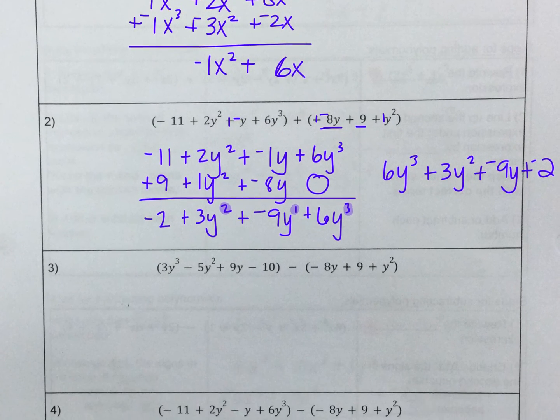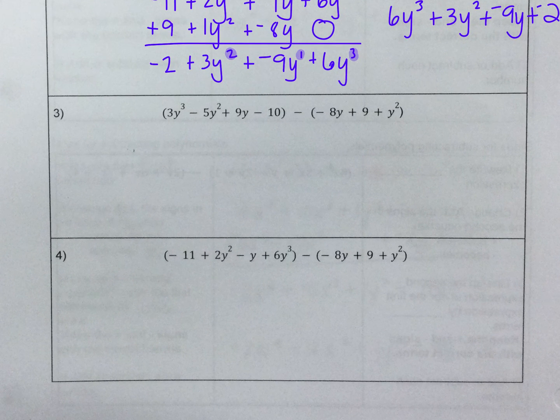So those were our 2 addition practices. Now we're going to do 2 subtraction practices. First step is exactly the same. We're going to copy down that first problem, 3y to the third plus negative 5y squared plus 9y plus negative 10. Here's where the difference happened.